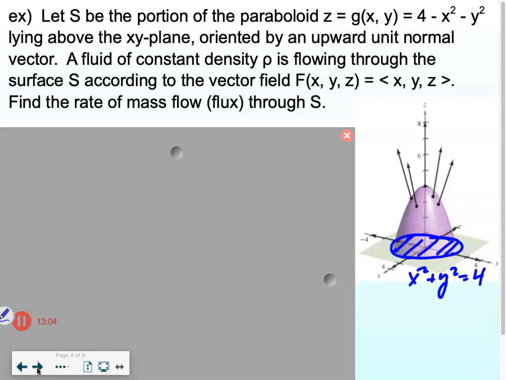Remember that we're integrating over the area of this region, the projection onto the xy plane, so this is what's going to determine the limits of your integral: something to something for y, something to something for x.